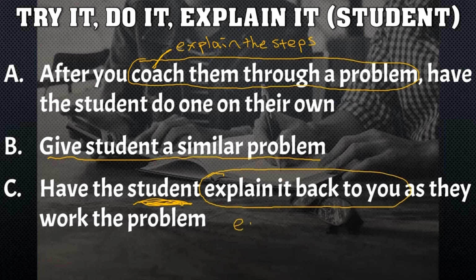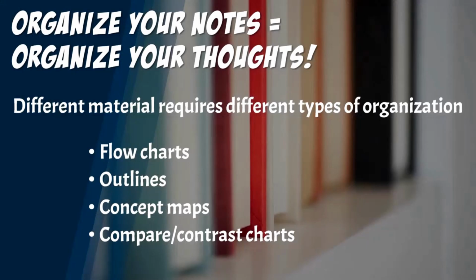So now the student is explaining the steps as they work the problem. If you want more information on that, check out my other video on the 4 core learning processes, and that's going to go into a little bit more detail on working an example and explaining the steps to the student.